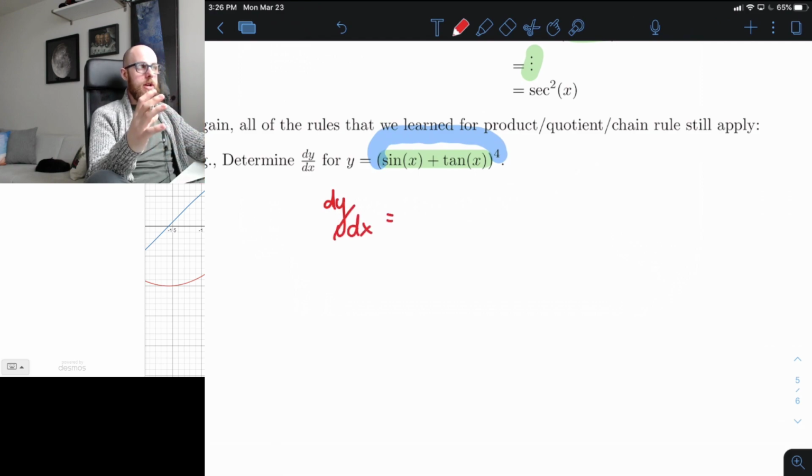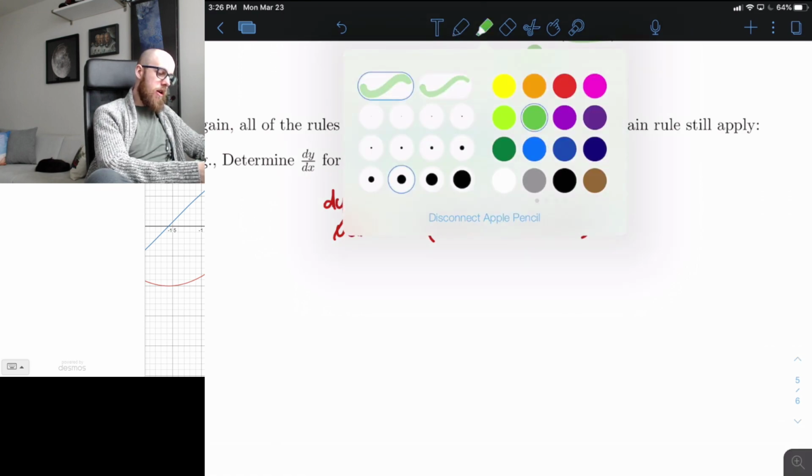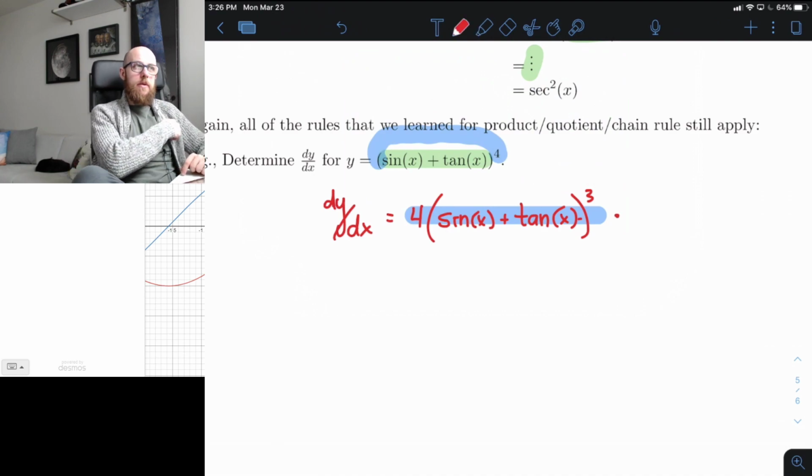I start off with the derivative of the outer function while keeping the inner function the same. So I pull down the power of 4. I have sine of x plus tan of x. That stays the same, and I decrease the power by 1. That is the derivative of my outermost function. But because it's chain rule, now I have to remember to multiply by the derivative of the inner function.